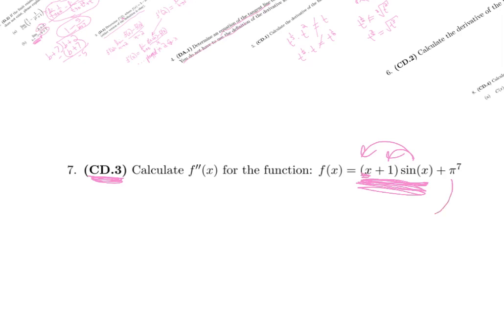One other quick comment, even though it's not related to the product rule, a lot of you took the derivative of pi to the 7th and you got 7 pi to the 6th power. But one thing you have to remember in calculus is if something's a constant, when you take the derivative of it, you always get 0. Pi here, I know it looks like it's a variable, but pi is a number.